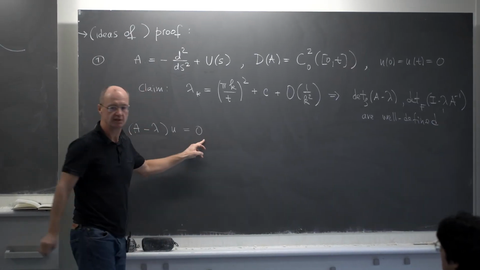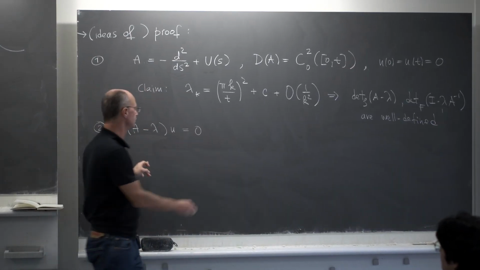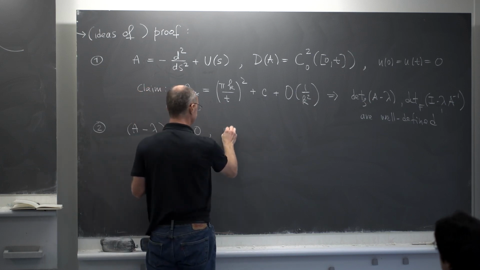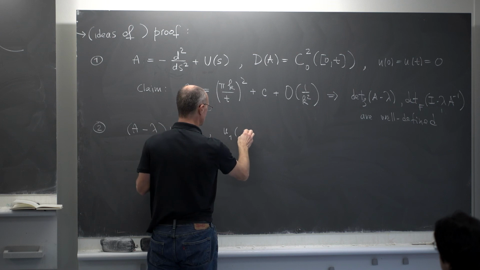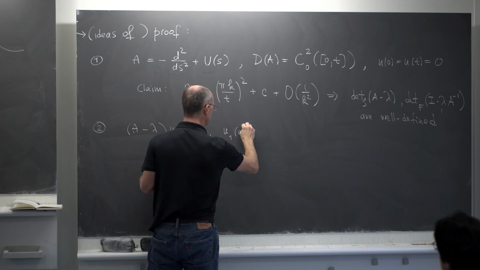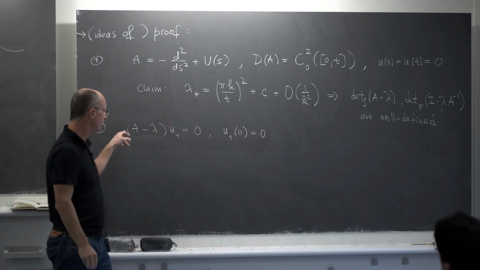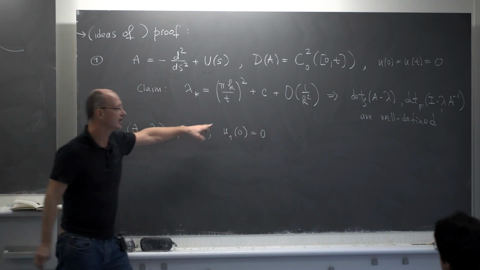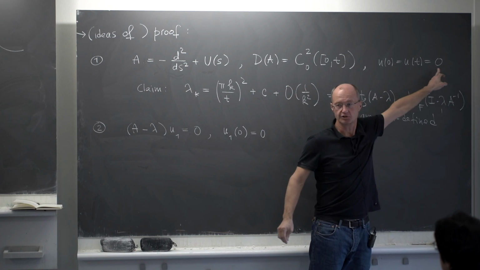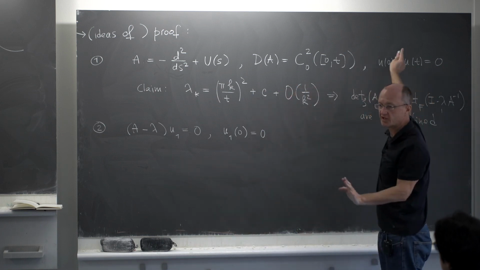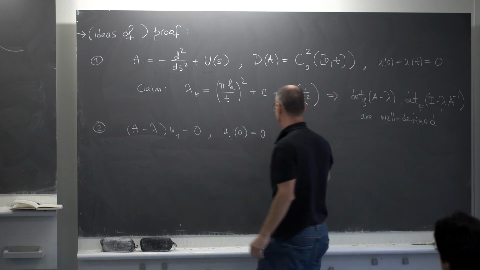Now, in particular, we can choose a solution, let's call it u1, with the following boundary conditions. You see, so possibly these solutions violate the boundary conditions, right? There are two solutions, but not satisfying boundary conditions in general.